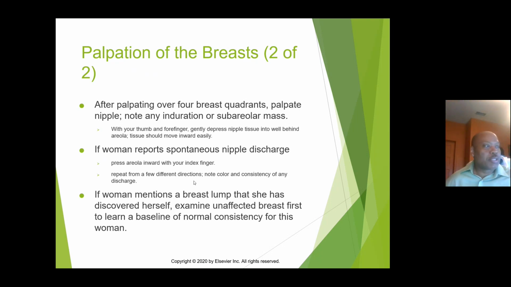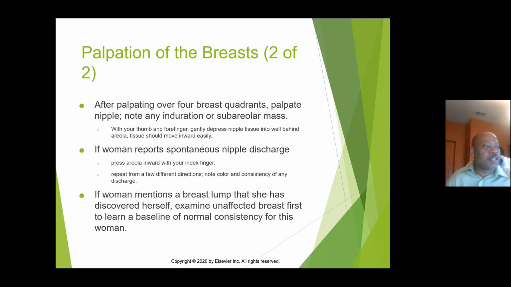Now, if the woman reports spontaneous nipple discharge, we press the areola inward with the index finger. And we also repeat from a few different directions. And we're looking, of course, at the color and consistency of any discharge. And if that discharge is of the abnormal sort, then this is something that we should report to the team.